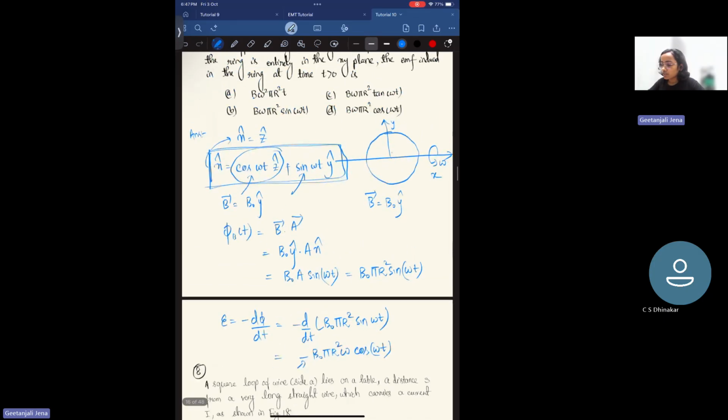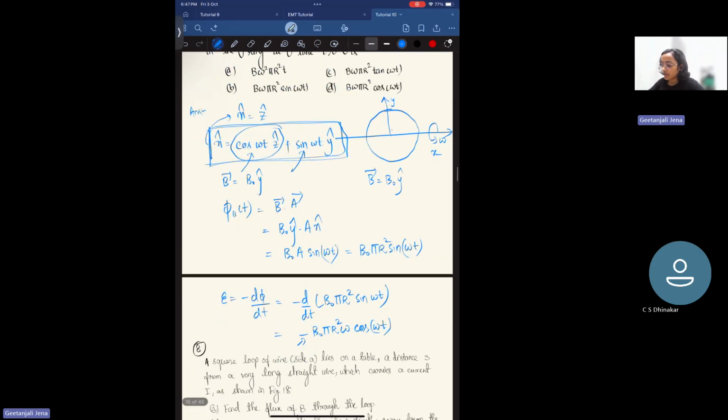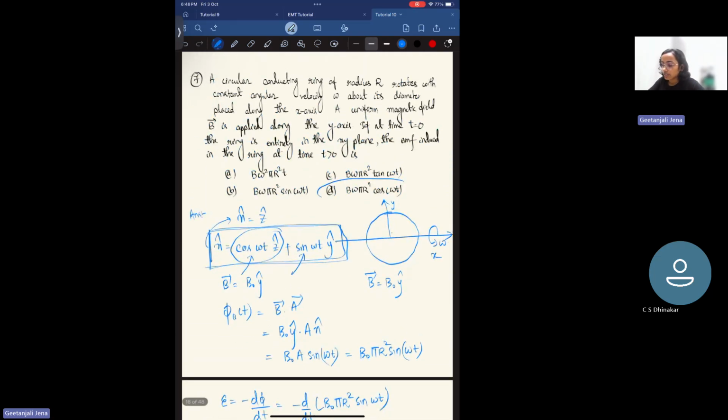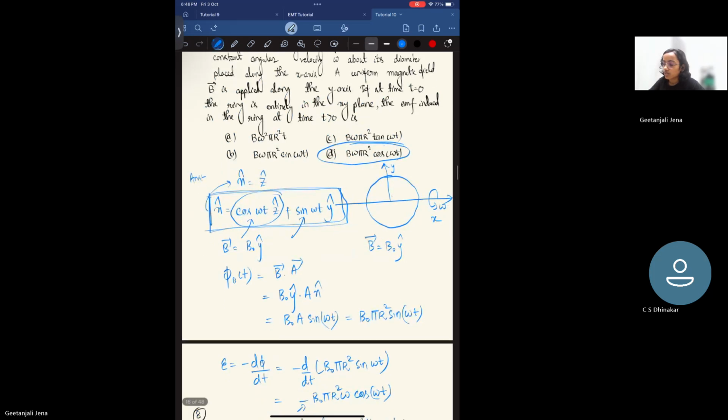So if you take the magnitude, the EMF induced is B0 π R² ω cos ωt. So this is option D. Okay. So is this clear?